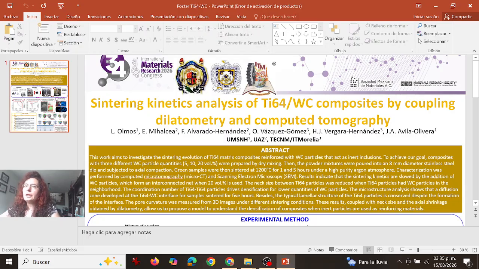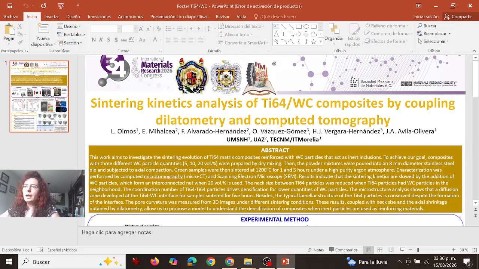The characterization was performed by computed microtomography, also known as micro-CT, and we also used Scanning Electron Microscopy, also known as SEM, for the characterization of these composites.